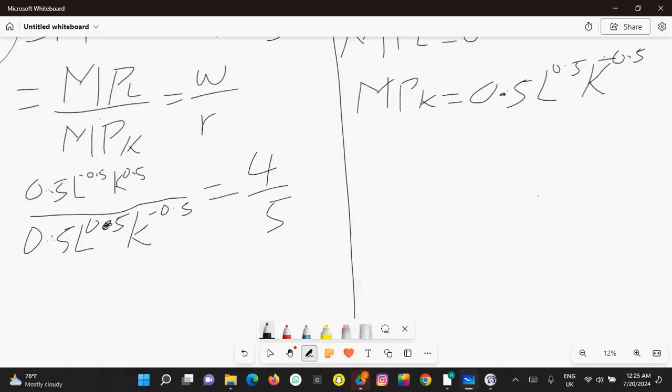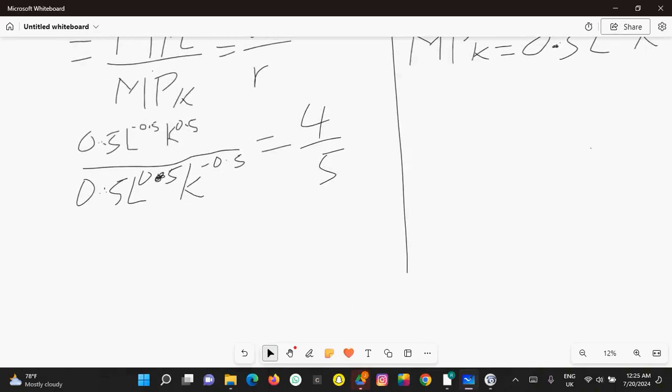Right, so what we are going to do now is simplify and then cross multiply. So let's simplify this. The 0.5 will cancel the 0.5. And then you have at the numerator L raised to the power negative 0.5, and the denominator L raised to the power 0.5.